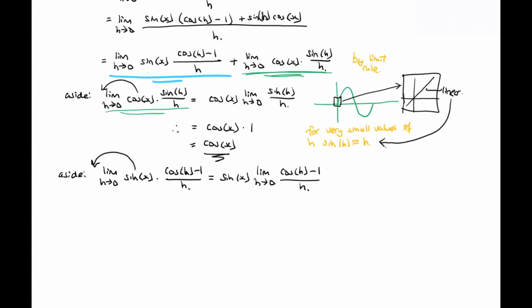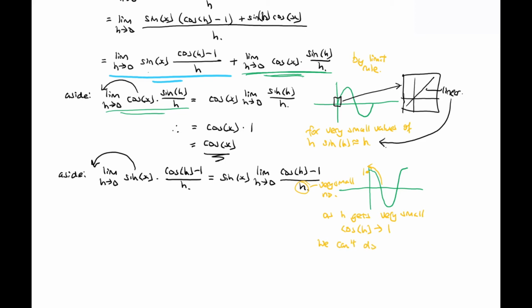Now we can do the exact same thing, but note that if I draw my cosine graph here, as h approaches 0, so as h gets really, really small, cos of h approaches 1. What basically results is that this limit will give 1 minus 1 divided by a very small number, which is 0 divided by 0.